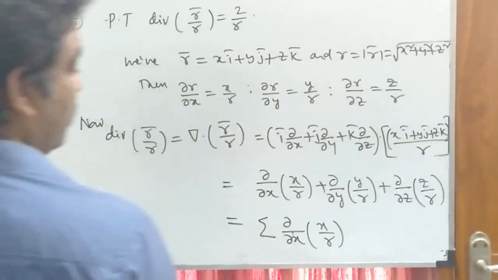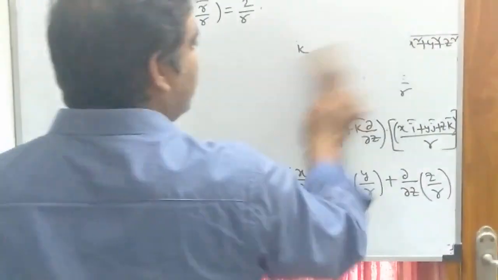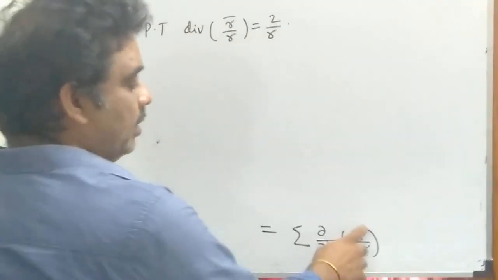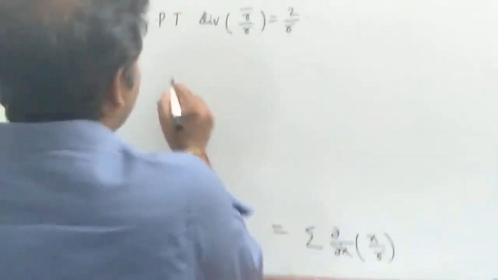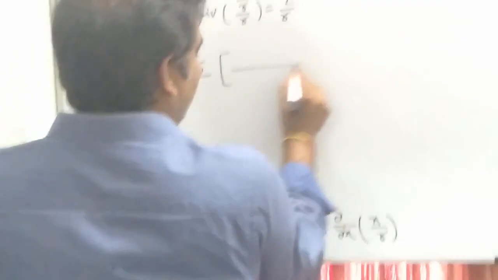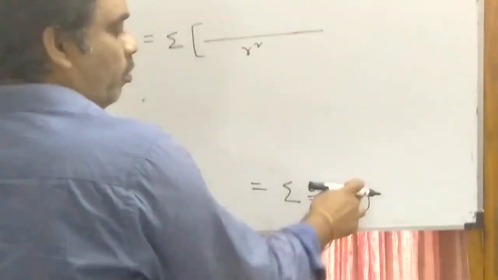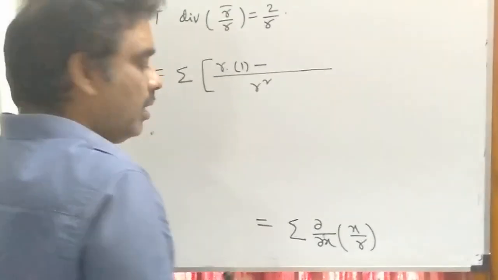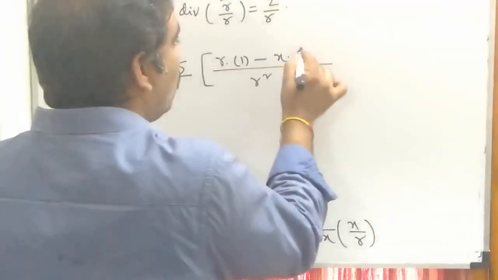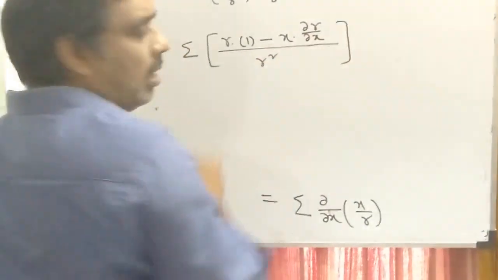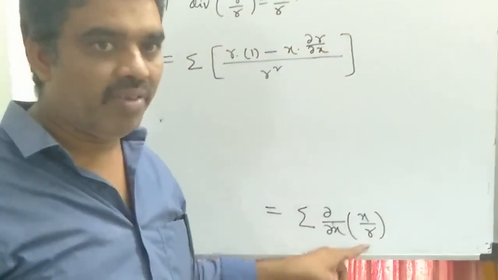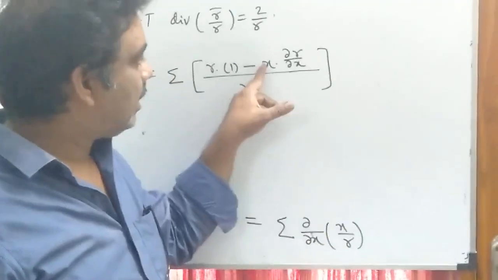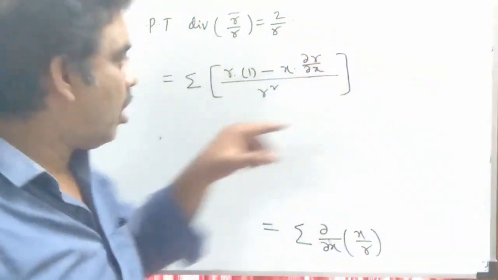This can be written in u by v form, so we differentiate with respect to x partially using the u by v rule. The denominator is r square, that is v square, and v into dou by dou x of x, that is 1, minus x into dou r by dou x.